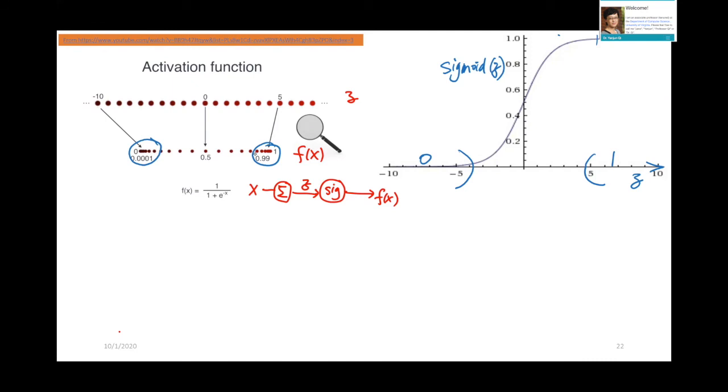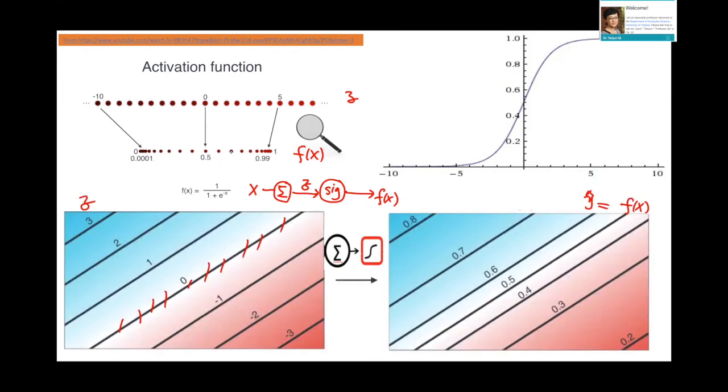It compresses less in this middle part. This is nicely reflected here: the left part shows me the Z, and the right part shows me the sigmoid Z. And it doesn't distribute uniformly anymore, so keep that in mind.